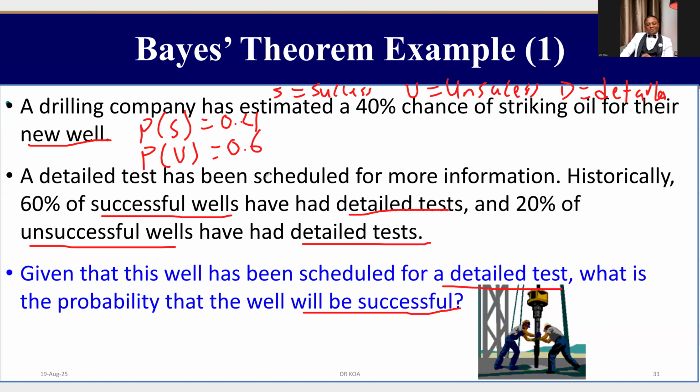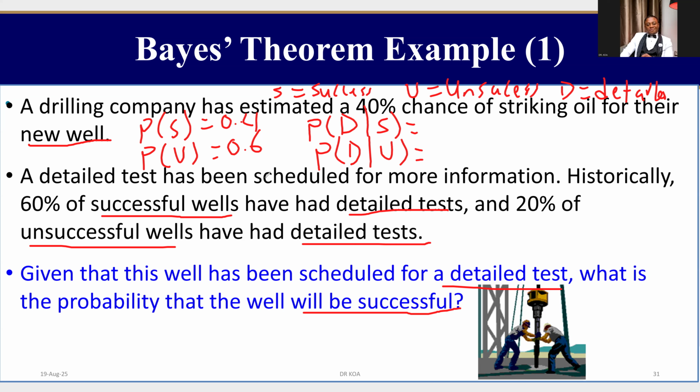And even if it is unsuccessful, there must also be a detail. So the probability of having a detail, even when it is unsuccessful, was also given.